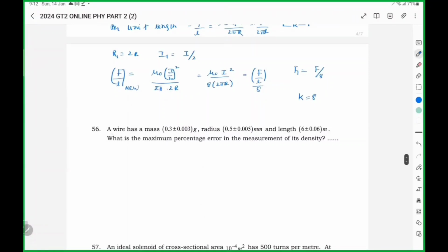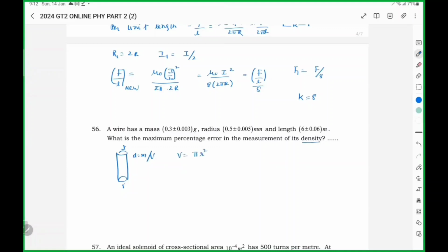So the wire is of cylindrical shape. So density is equal to mass per unit volume.